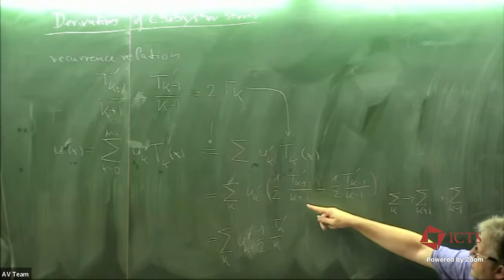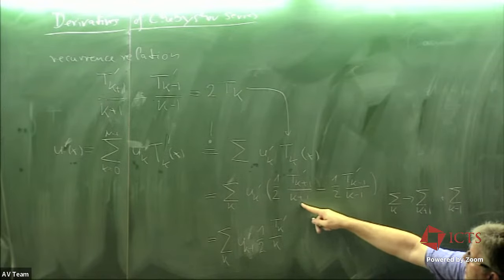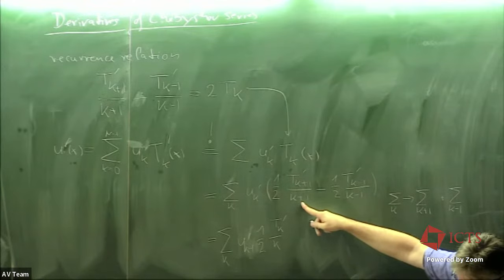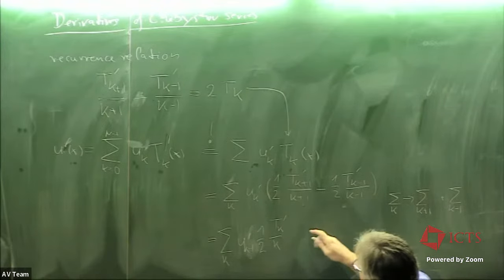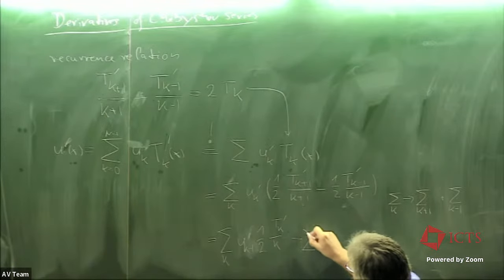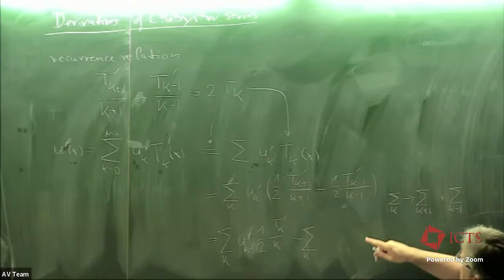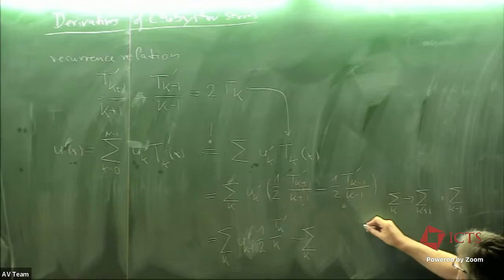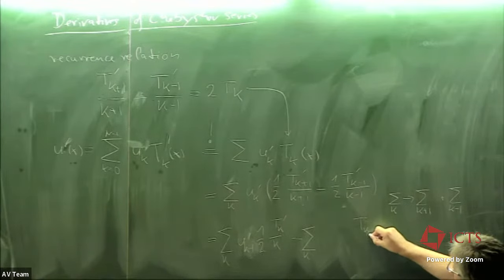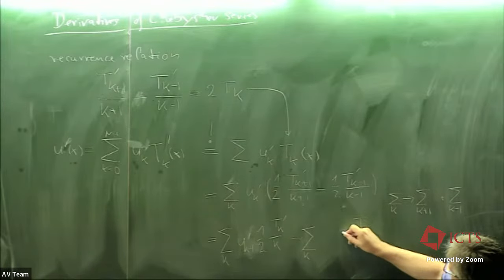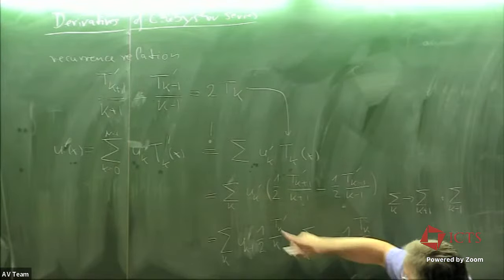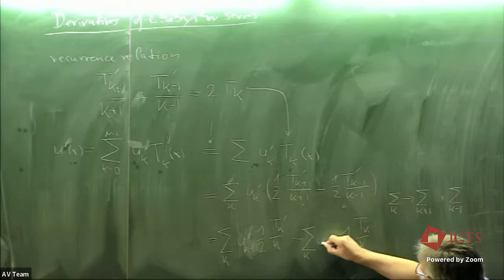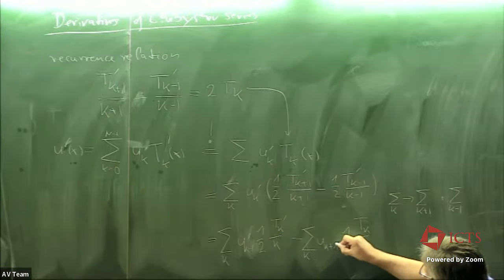I'm just changing the label k, subtracting 1 from it. In the second sum, I'm also changing the label k, but this time I'm adding 1 to the k so that I have T_k over k, 1/2. And now this u_k turns into a u_(k+1).